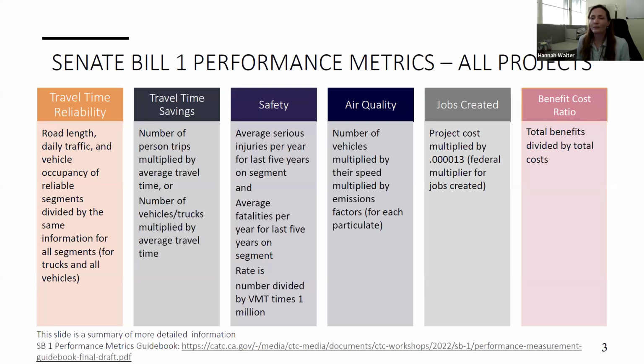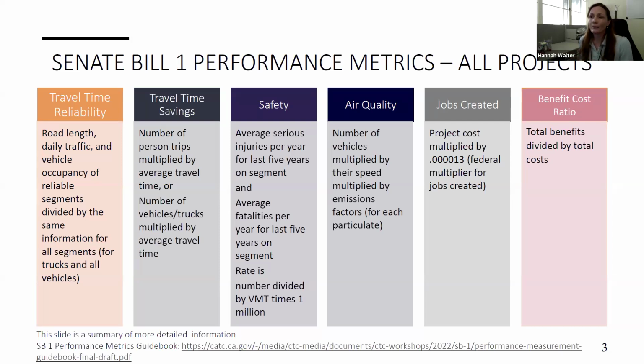So it looks at a specific segment of road, and the difference between travel time reliability and travel time savings, which I'll talk about next, is that travel time reliability is really looking at how that piece of road compares to all the other roads in California in terms of how much delay there is associated with one-off disruptions. That's what travel time reliability is measuring.